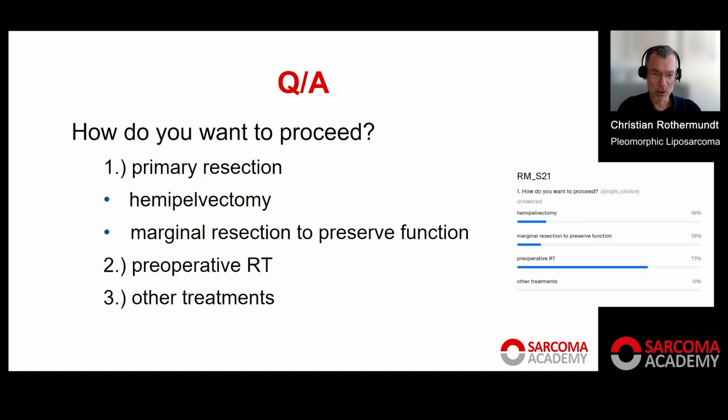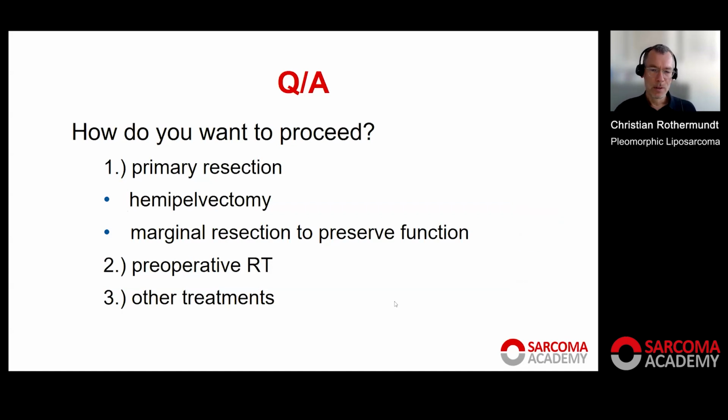So the majority would actually go for preoperative radiotherapy, hemipelvectomy, some marginal resection, nobody with other treatments. We actually presented the patient also to Bruno's tumor board, and I think you were more in favor of doing more aggressive surgery than what we did. So I continue.